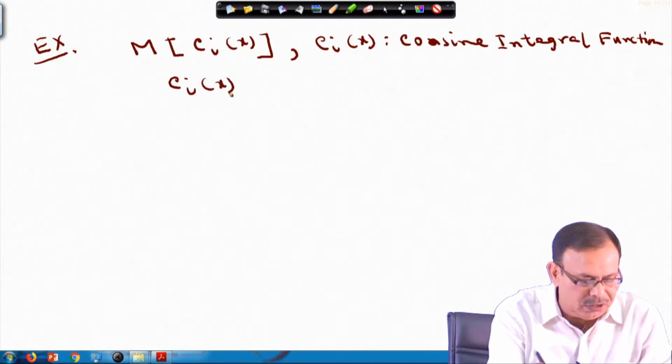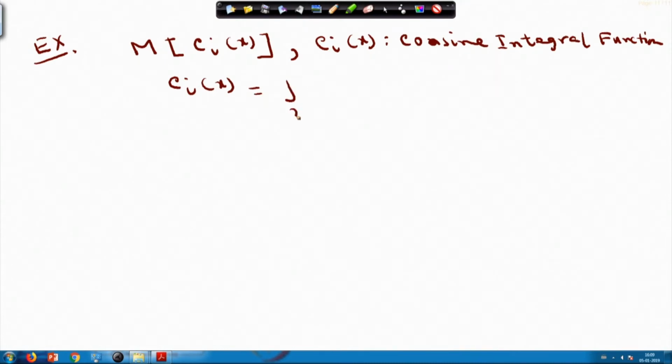CI x is defined as the integral from x to infinity of cos t by t dt. So, the cosine integral function is defined as the integral from x to infinity of cos t by t dt, and we have to find the Mellin transform of this function.